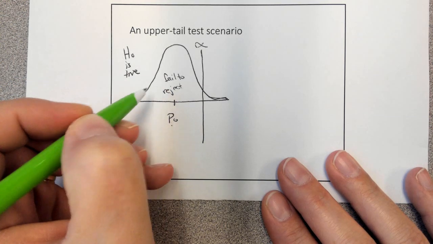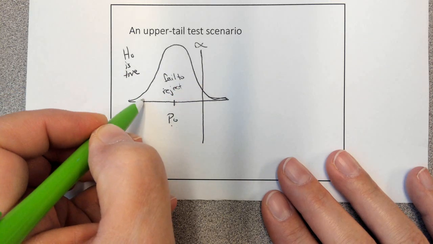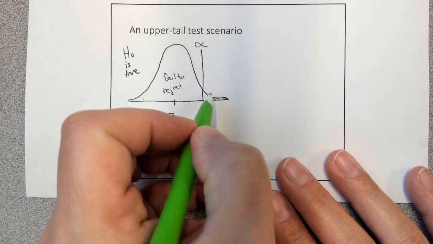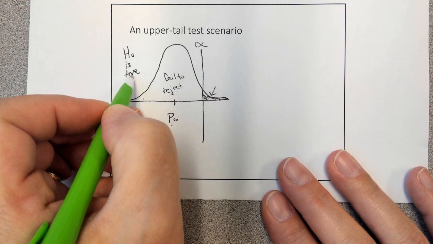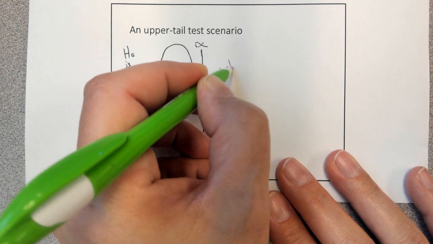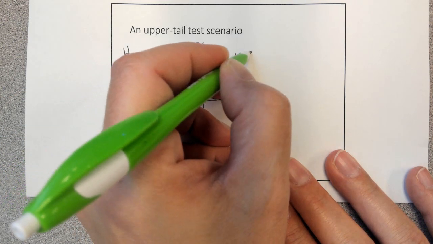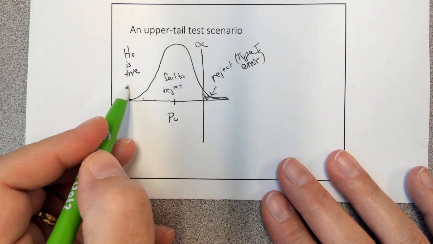That would be a correct decision if the sample falls to the left of that line. If the sample falls to the right of that line, that is a rejection of a true null. That's bad. So this is reject, and it's a type 1 error because I rejected a true null.